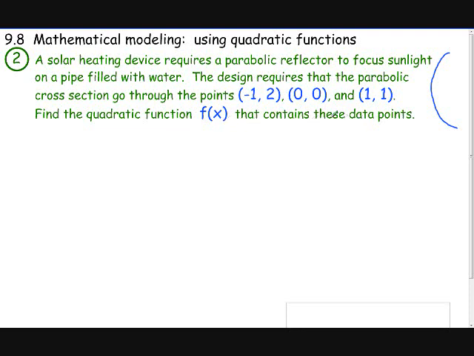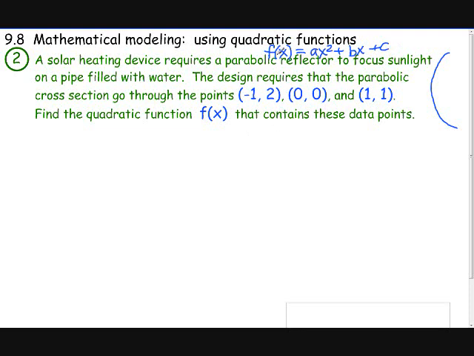All right, so I know that every quadratic function, this one is going to be function f of x, looks like this. Some number times x squared plus some number times x, and then a constant.